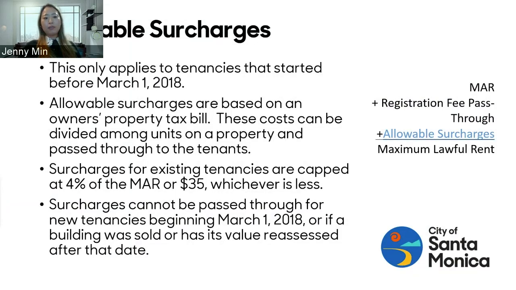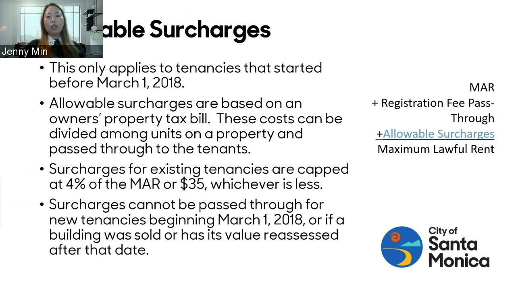Next slide, Dan. Okay, so the third thing that can be added is the allowable surcharge. And this would only apply to tenants that started their tenancy before March 1st, 2018. The allowable charges are based on the owner's property tax bill, and these costs can be divided among the units on the property and passed through to the tenants.